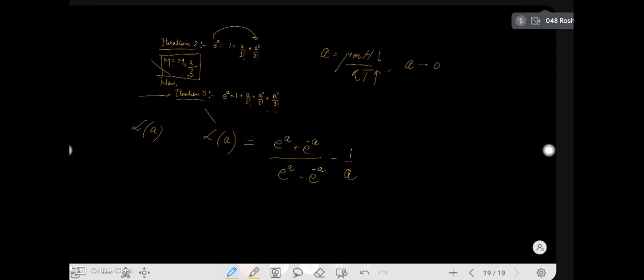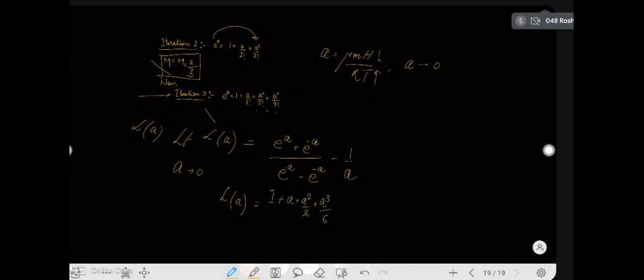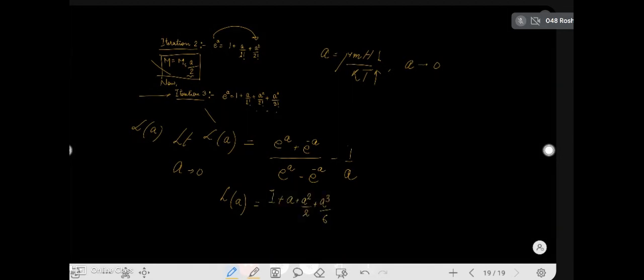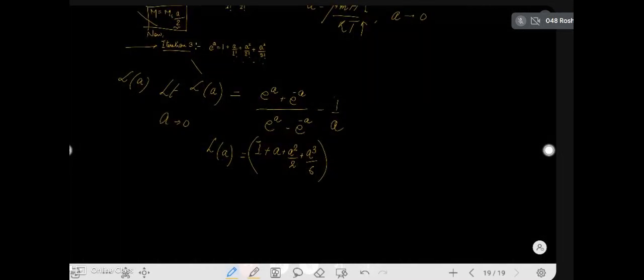In the limit of a tending to 0, L(a) is equal to e to the power a, that is 1 plus a plus a square by 2 plus a cube divided by 6, 3 factorial is 6, plus e to the power minus a, 1 minus a plus a square by 2 minus a cube by 6.